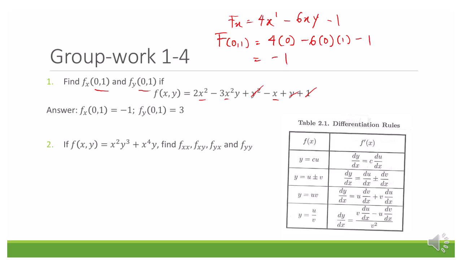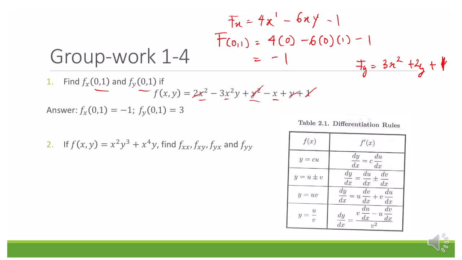And fy, so let's take a look at fy. That means differentiate with respect to y, so the rest will be 0, and this will be 1, so 3x^2, and here will be 2y plus 2y and plus y plus 1.